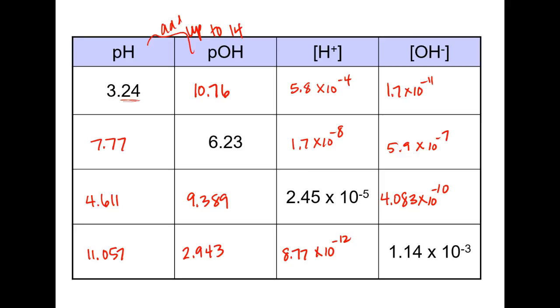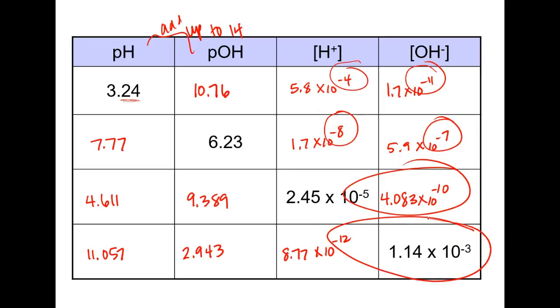Now, one thing that you may notice is you can at least check to see if your answers are reasonable by taking a look at the exponents in each example.